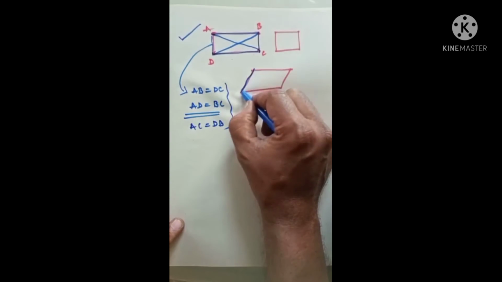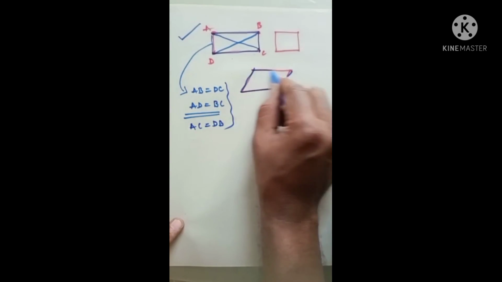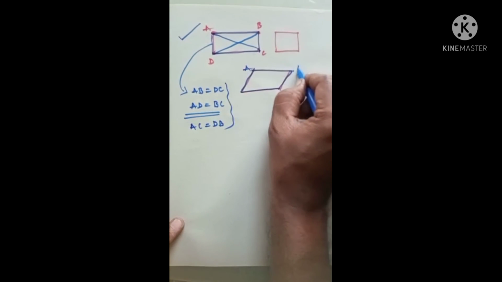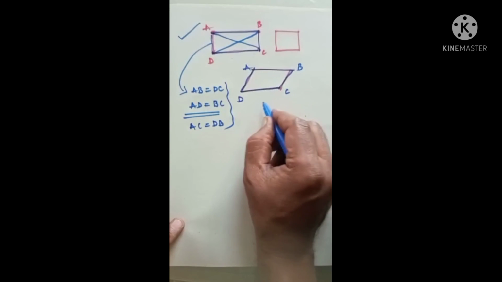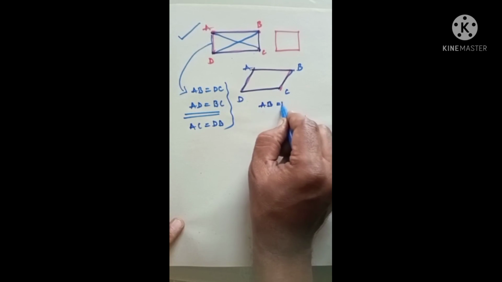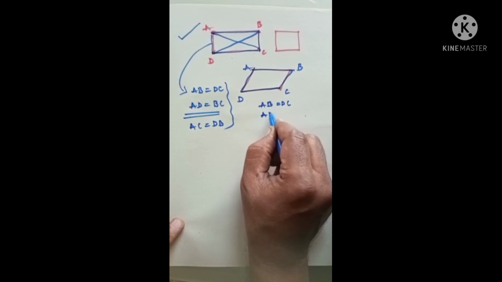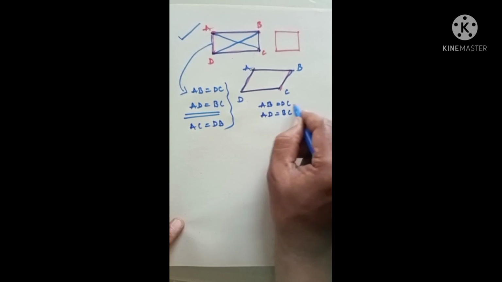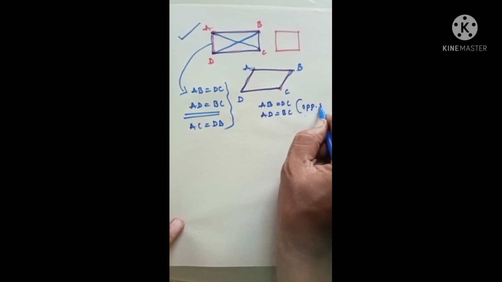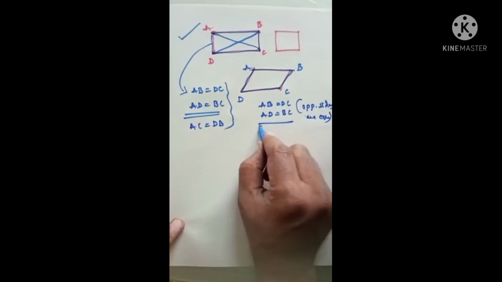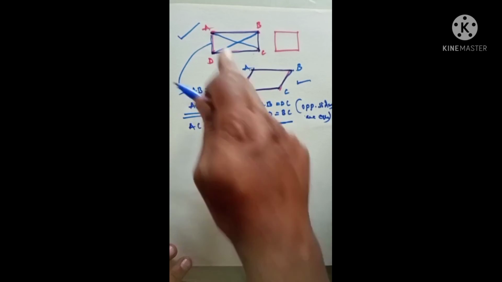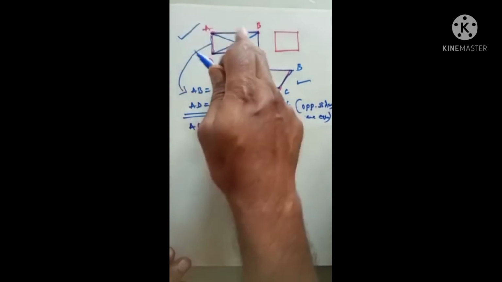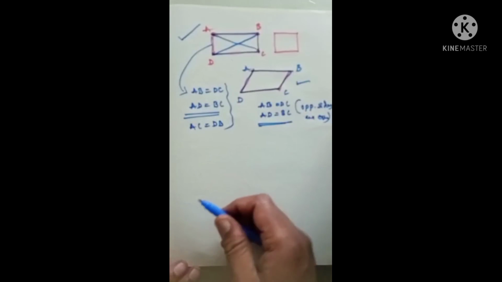But in the case of a parallelogram, if you want to prove that ABCD is a parallelogram, just prove that AB is equal to DC and AD is equal to BC, meaning opposite sides are equal. If you prove this, it is enough to write this is a parallelogram. But in the case of a rectangle, you want to prove that opposite sides are equal and diagonals are also equal.